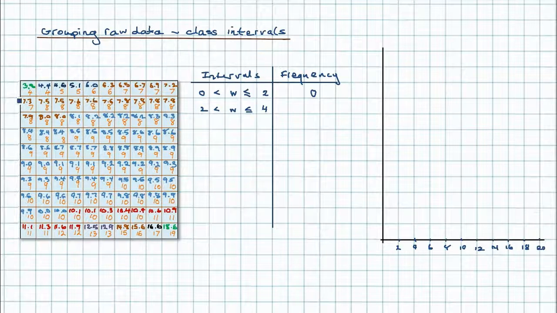So we record the number of times the value occurs, in other words the frequency, and in this case it's just 1. Now we've got from 4 to 6 inclusive, and the number is 5. There are 5 values that are between 4 and 6, including this 6. So 5.